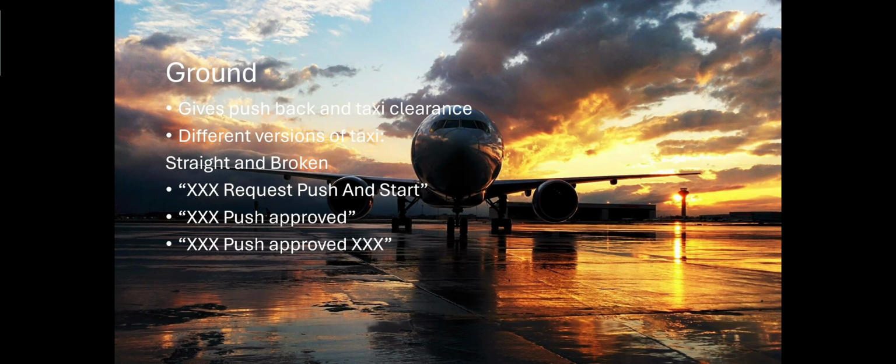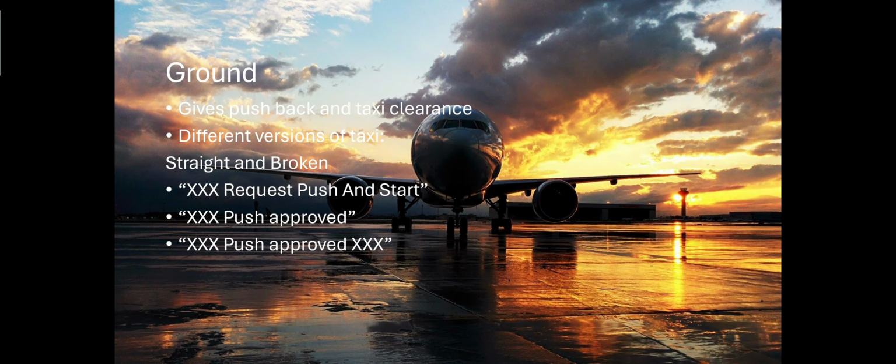So say for example, taxi Alpha Bravo Charlie, holding point Charlie 1, runway 01. And then broken is taxi Alpha Bravo, hold short Charlie. So they haven't actually taxied you to the runway ready for departure yet, because there's obviously a conflict on the ground or a conflict soon to come.